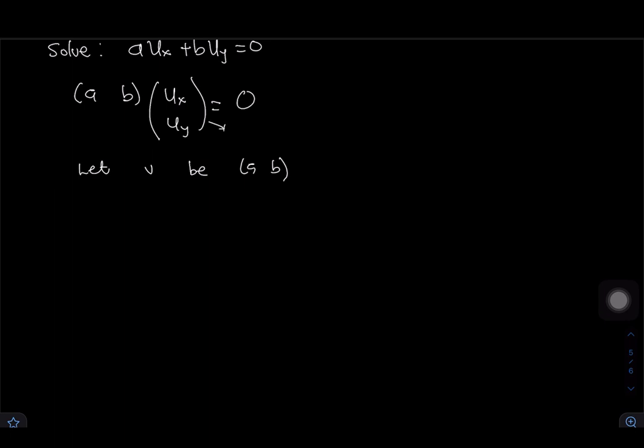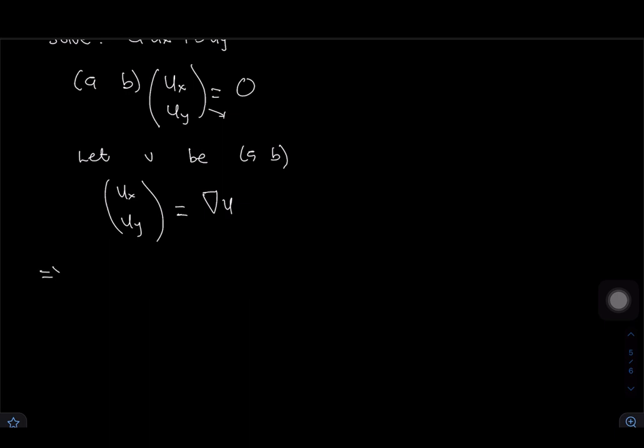We know that (u_x, u_y) here is just nabla u. And how do you call this? This is the gradient of u. Now this implies that I have v, a vector, and nabla u, so I can do the dot product, v dot nabla u, and that should be equal to 0.